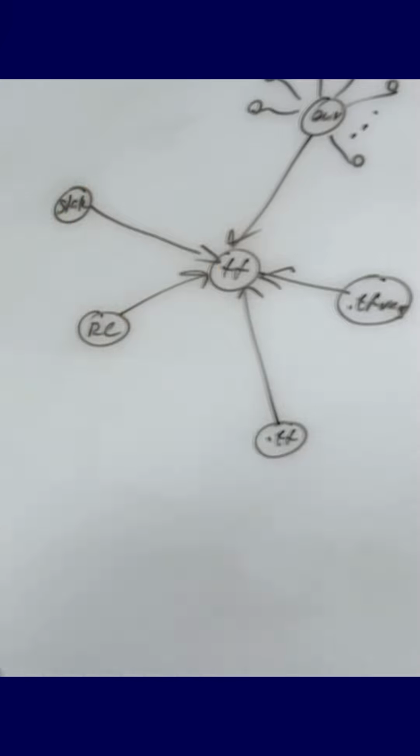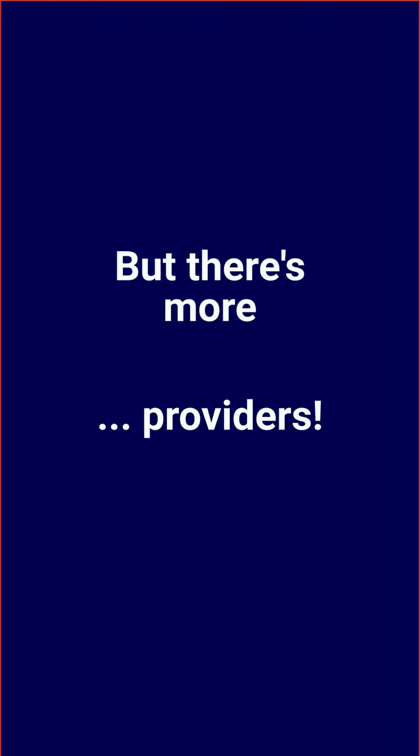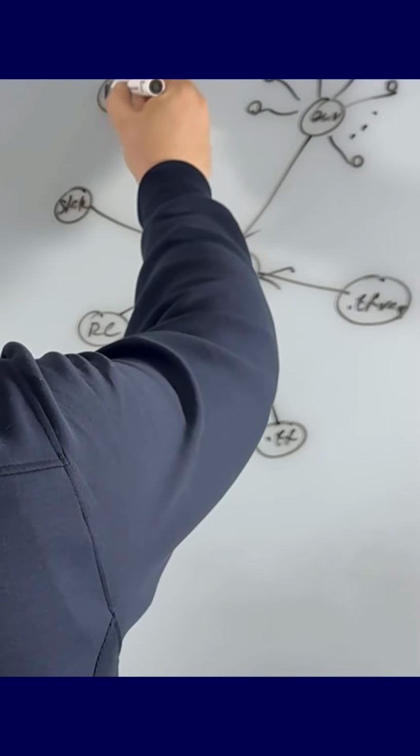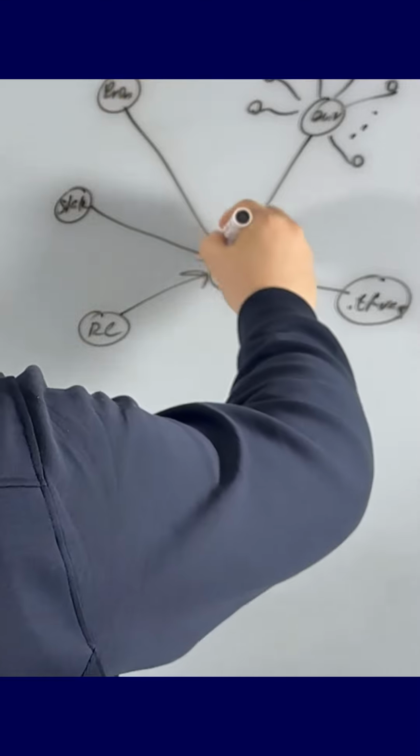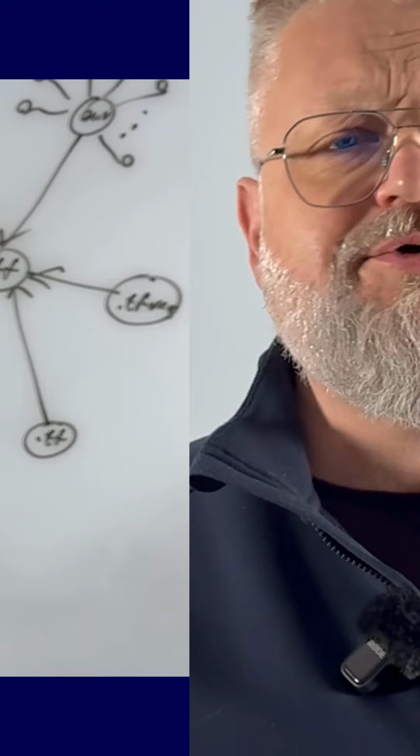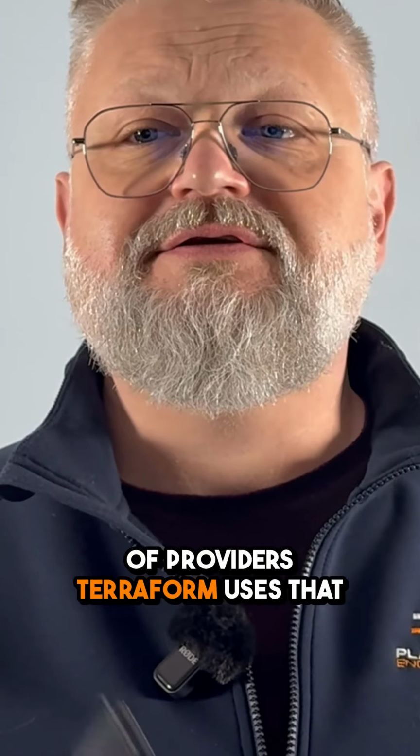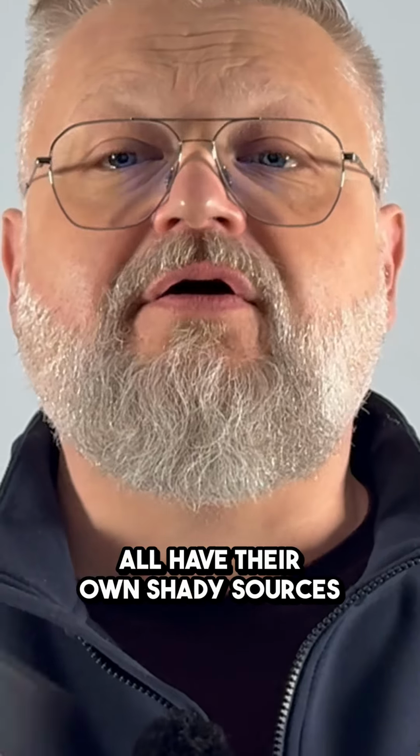State files. But there's more. There are providers. We should not forget the whole bunch of providers Terraform uses that all have their own shady sources of implicit configuration, locally and remotely. It's a total mess.